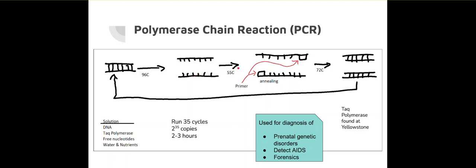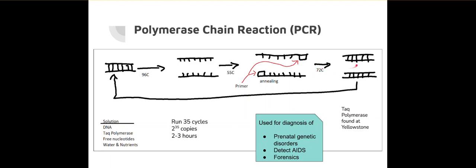They will then cool it down to about 55 degrees Celsius, and they will add in nucleotides that are called primers, and they will attach to these strands. This is a process called annealing. Then they will heat it up again a little bit more, not all the way to 96, but to 72 degrees Celsius.